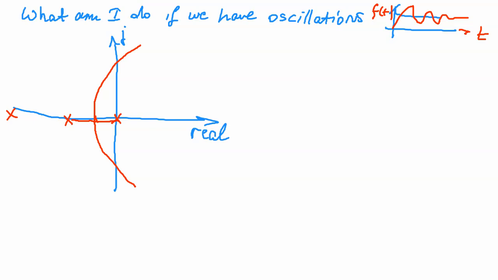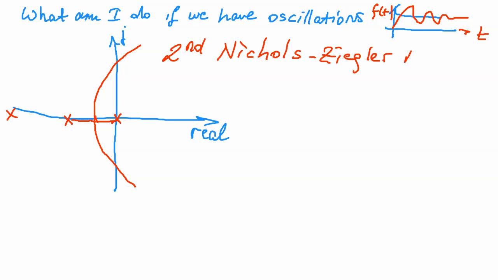So what you are going to do in that case for the second Ziegler-Nichols rule: obtain Kcr. Kcr is this point.